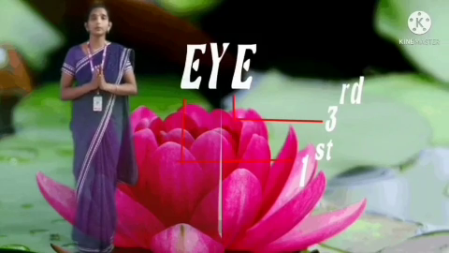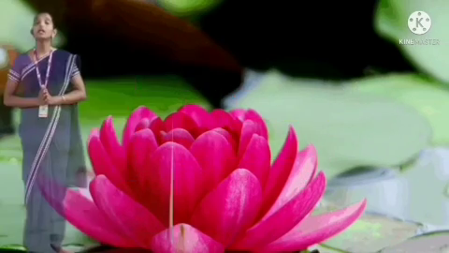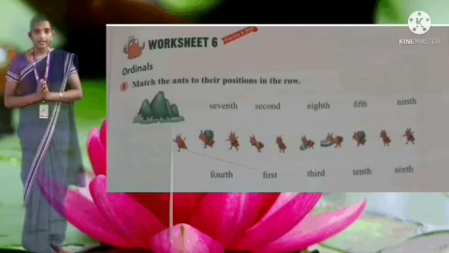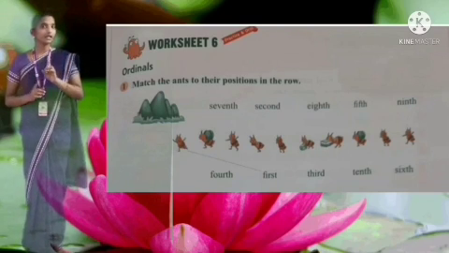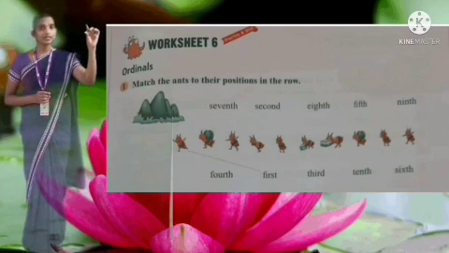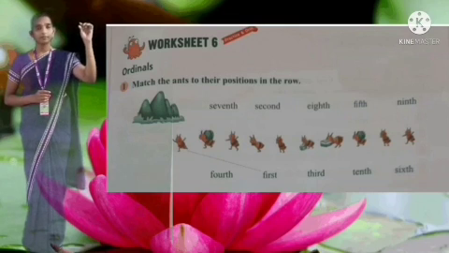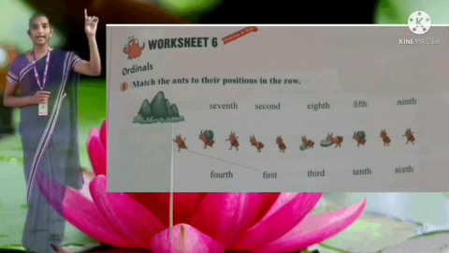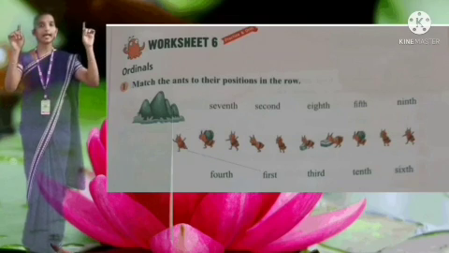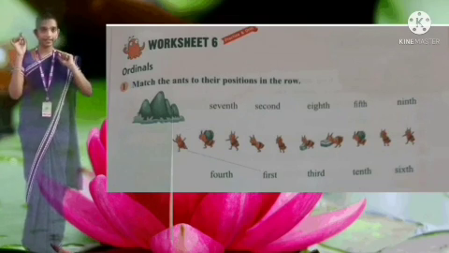Okay, now let's move on to workbook page number 11. Match the ants to their positions in the row. So one has been done for you. The first ant, they have matched the ordinal number first to number 1 ant. So there are 10 ants, 1, 2, 3, 4, 5, 6, 7, 8, 9, 10.